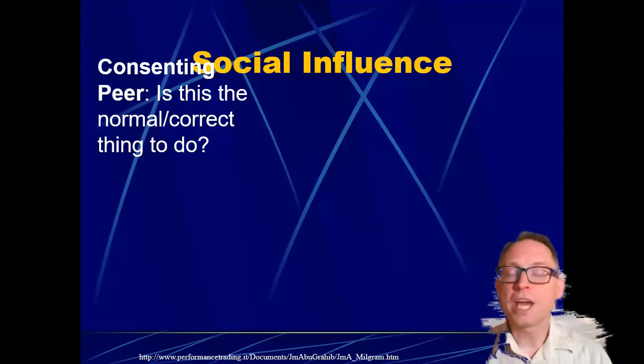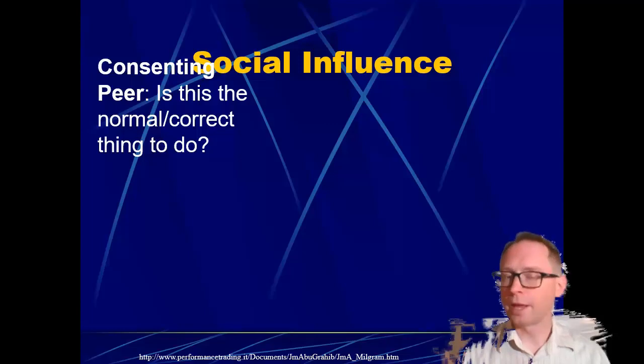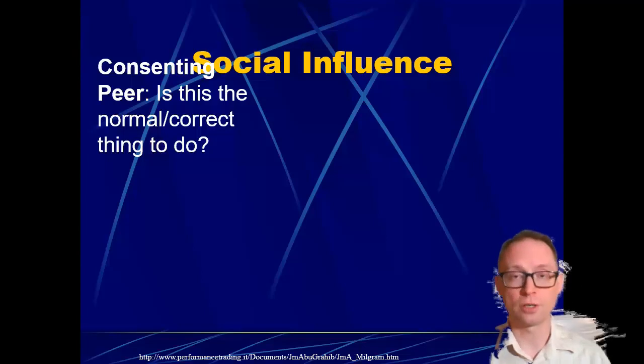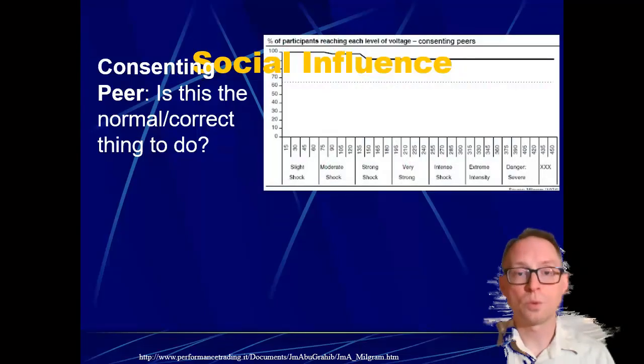If we change this particular study so that we have something called a consenting peer, under this situation you have another participant with you. Again, this participant is just a confederate, not a real participant. And this peer, this other teacher, is consenting and doesn't seem to have any trouble going through all the shocks. Guess what?